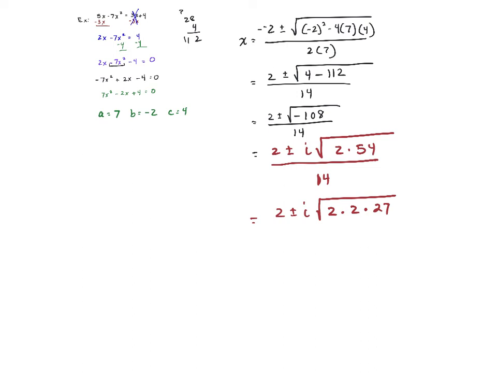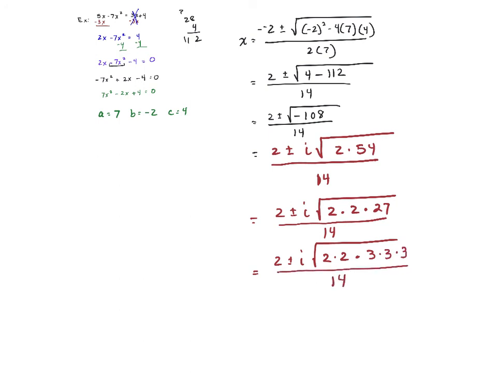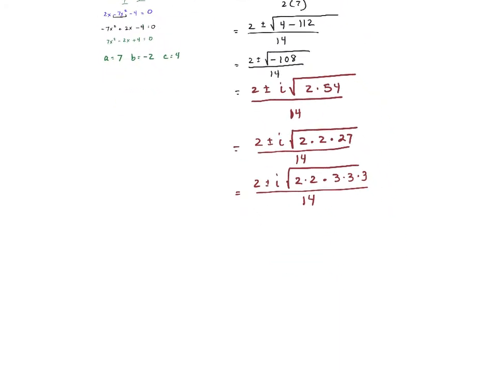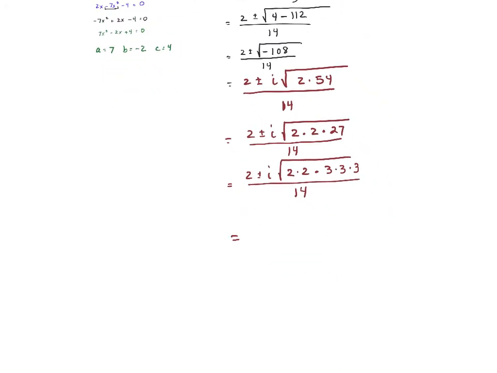So at this point, I know I've got a pair of 2s, so a 2 will be able to come out. But let's look at that 27. Maybe we're not done yet. That's 2 plus or minus. I'm just going to leave the 2s in there for right now. 2 times 2 times, and 27 I'm going to write as 3 times 3 times 3. So I factored it all the way down to its primes.